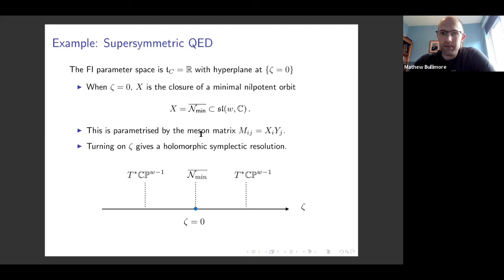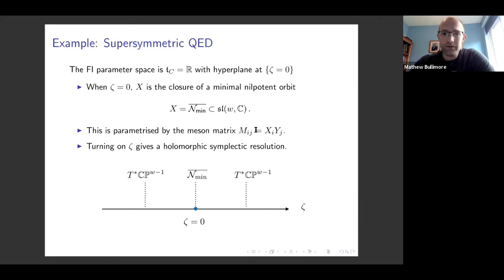Let me just say the following. You can build a natural set of gauge invariant operators, which are these mesons. x has charge 1, y has charge -1. So if I take their product, in this case, I'm going to get a W times W matrix of gauge invariant operators.